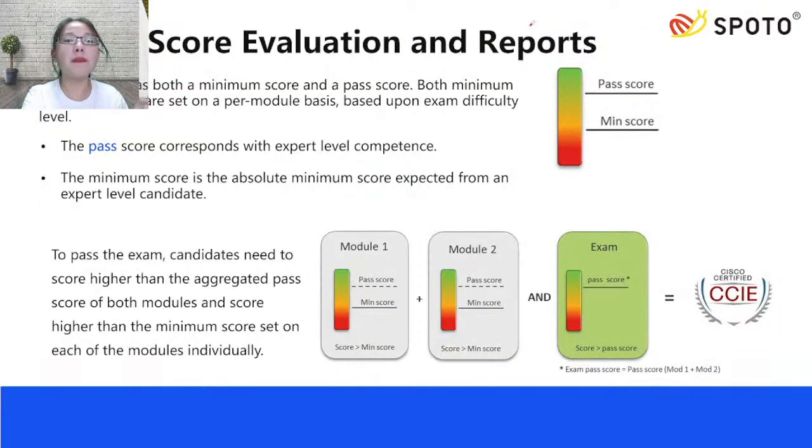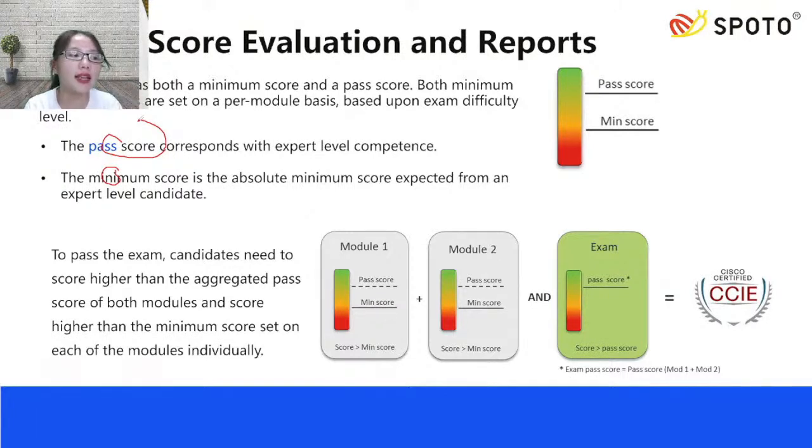This part is about the CCIE exam score. Each module has both a minimum score and a passing score. Both minimum and passing scores are set on a per-module basis, depending on exam difficulty level.